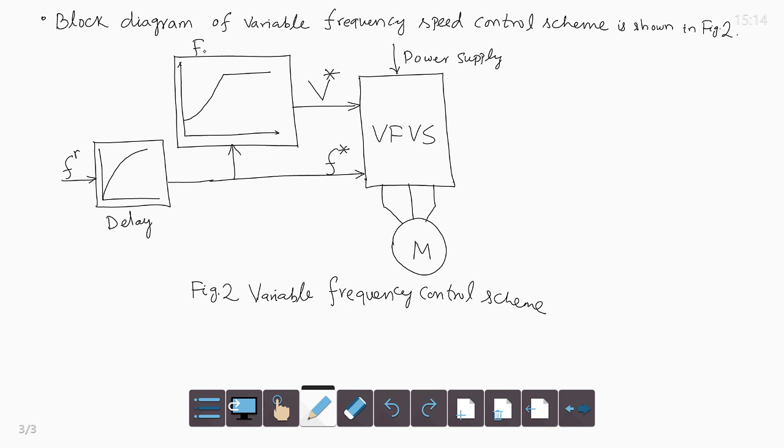So, this is the flux control block. This maintains the proper V by F relationship, and F star is obtained from the F R through a delay.